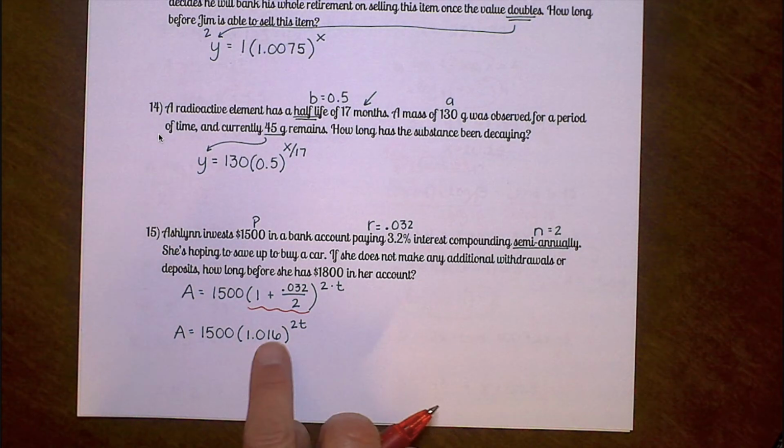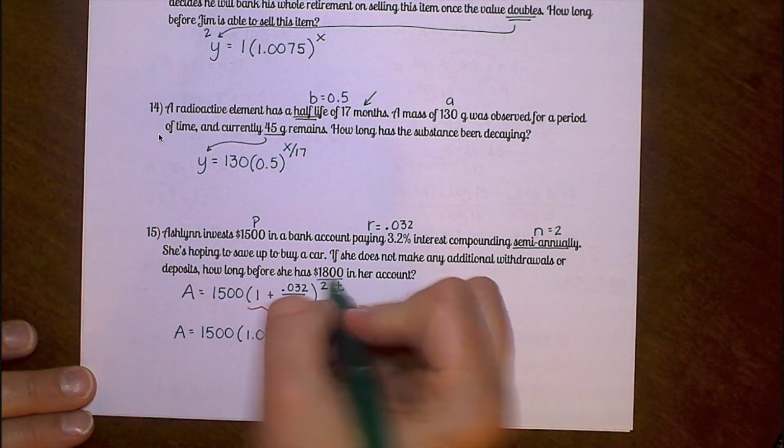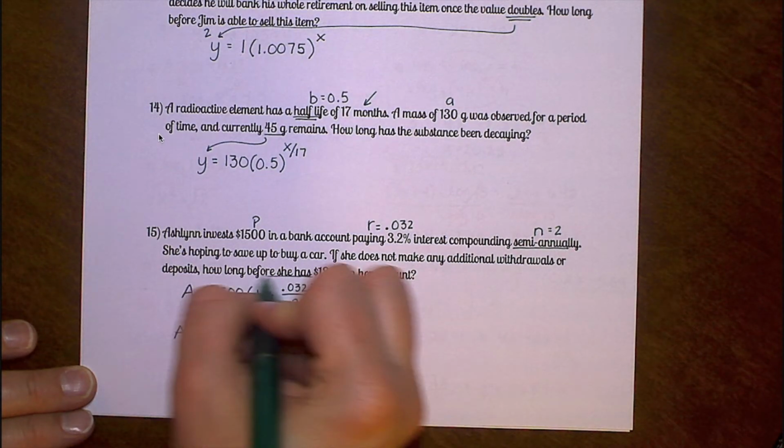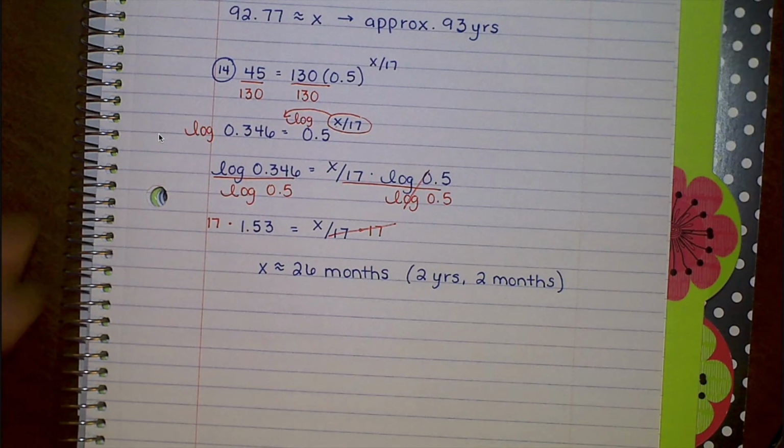Okay, so now let's take this, and this is where we're going to take that 1,800 and plug it in for the A value. So, sorry, more pens than I know what to do with here.